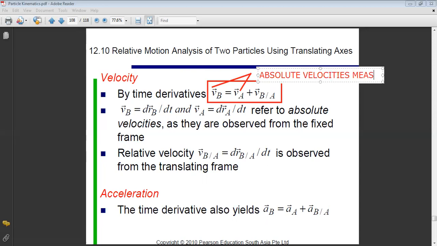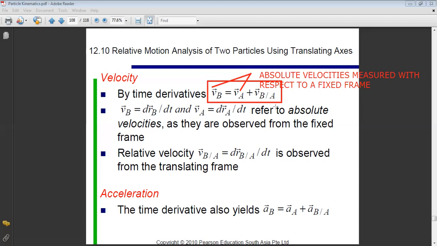And we have VB relative to A. This velocity is a relative velocity.